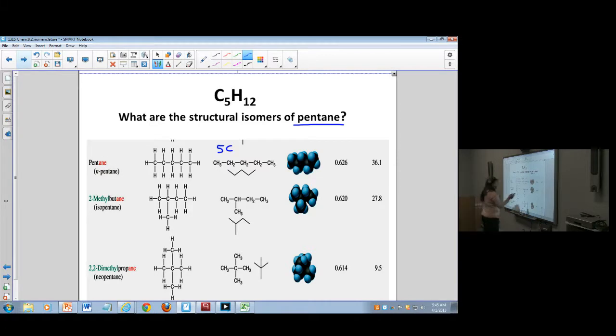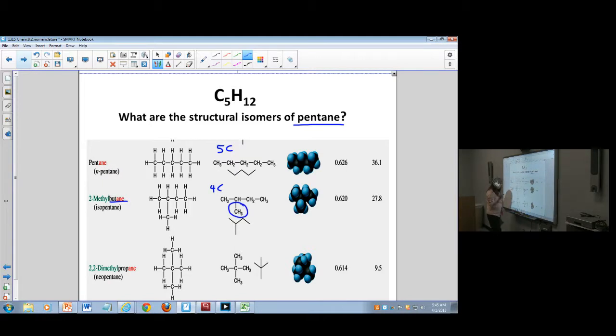I'm going to make the chain 1 carbon shorter after I finish that, so that's going to give me 4 carbons. So a butane, and then I'm going to make a substituent. All I have to do is add, for example, this methyl group. That's a substituent.